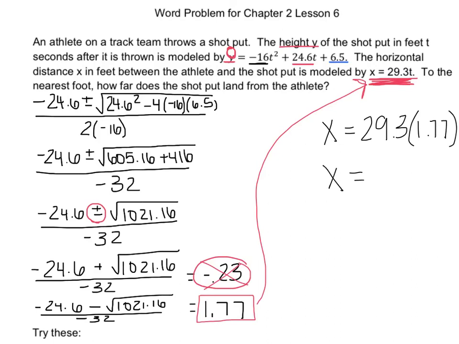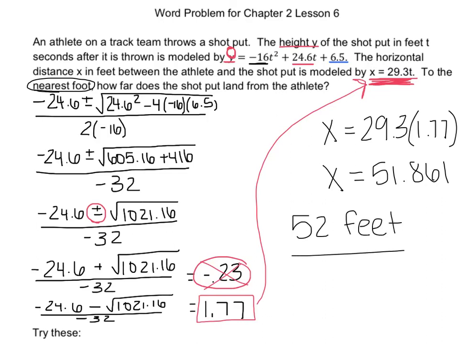So if we type that in our calculator, we should get 51.861. They ask us for the distance to the nearest foot, so we would have 52 feet. Using this example, see if you can complete the two problems below this.